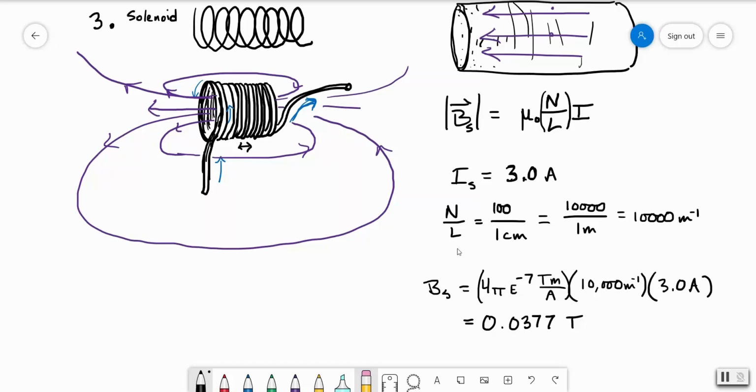So you need small wires to get a high coil density, and it tends to heat up too much, so we have to water cool or some other way rapidly cool solenoids that you expect to get more than half of a Tesla out of.